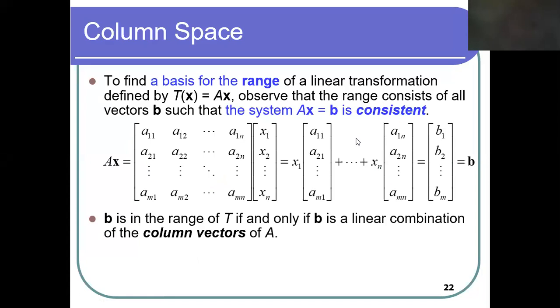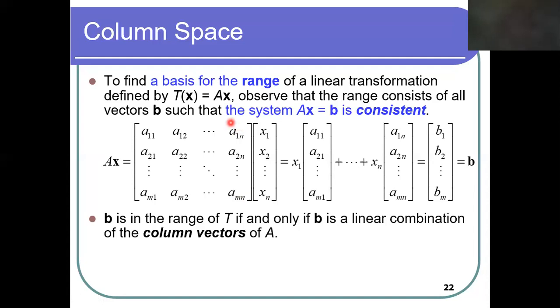From the matrix you can see what the domain is and what the range of this transformation is. Students, just look over here at the matrix. The matrix is of order m cross n, so the transformation is from Rn to Rm.